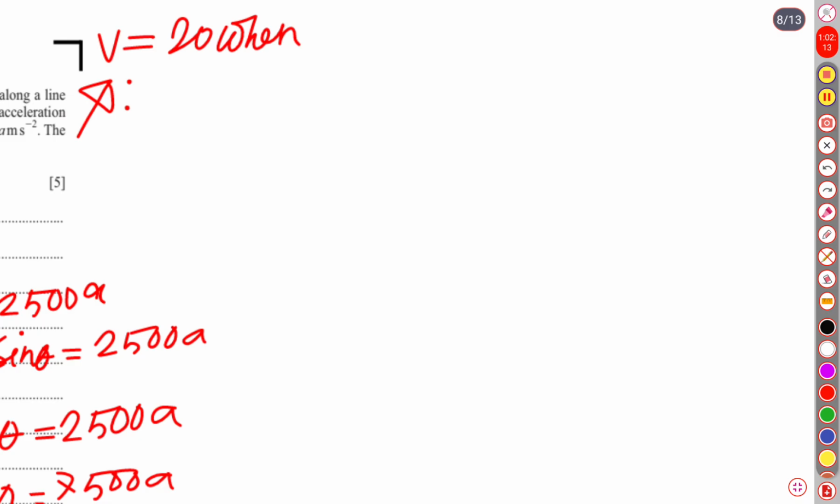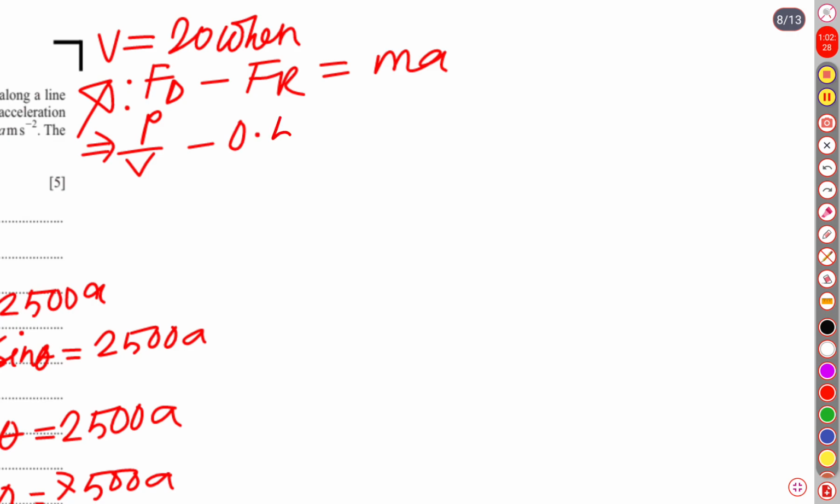So driving force minus resistance force is equal to mass into acceleration. Okay, it's all the same. P over V minus resistance to motion, 0.5 V square, equal to mass into acceleration. Mass is 2500.